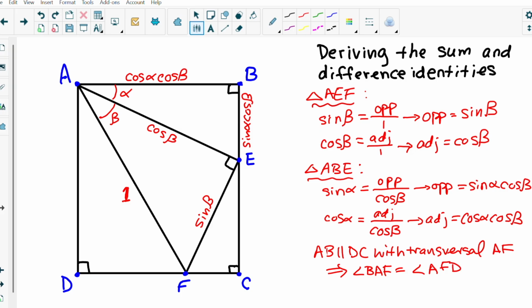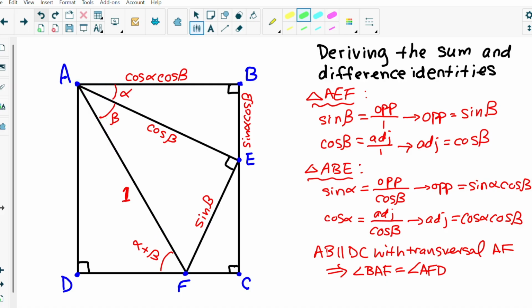So the measure of angle BAF equals the measure of angle AFD. Why is that important? Because now I can say this angle is alpha plus beta. How do I know that? Well, let me just highlight this. Here's alpha plus beta. Here's alpha plus beta. Okay? All right, why is that important?